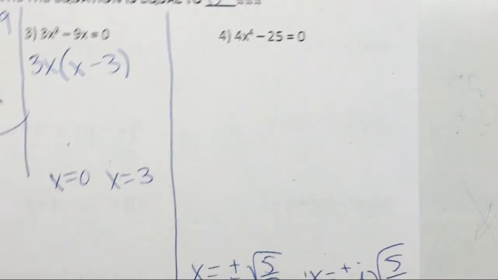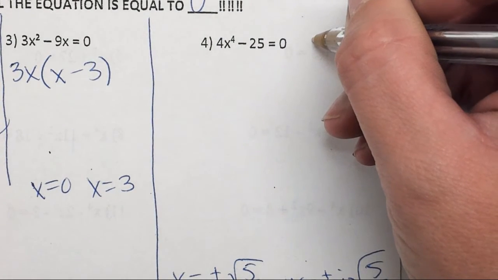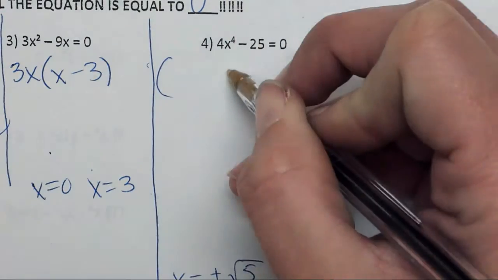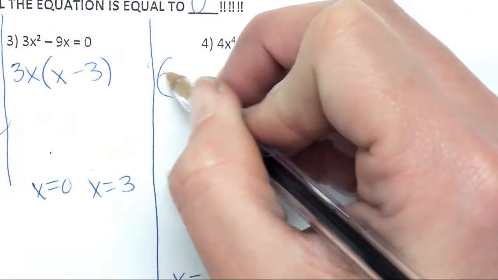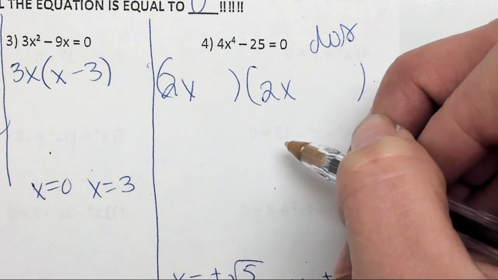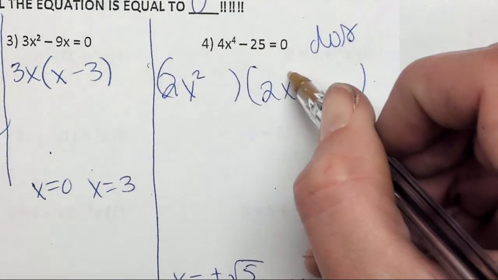Mm-hmm. Alright, on this one, this is what type? Very good. Difference of squares. So what does it factor into, the first 2? 2x. Alright, tell me how you got 2x. 2x squared.